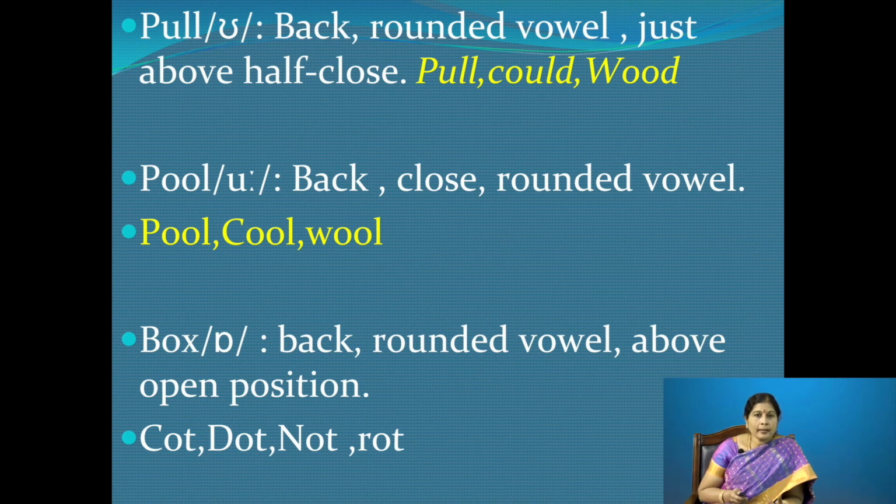Whenever we articulate back vowels, usually they are rounded. Of course it also depends upon the phonetic environment. Now it is a back rounded vowel, lips are rounded, and where is the tongue coming close? It is just above the half close position. It is coming to that position when it is articulated.